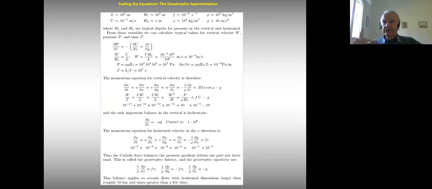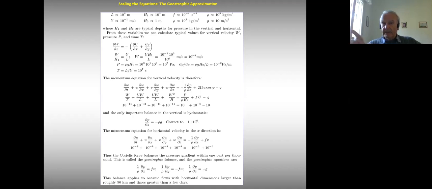We have two layers. One is 10 to the 3, the other one is 10 to the 1. We have the gravity acceleration, which is 10 meters per second squared. So these are the typical values with which we go into the equations and find out the order of magnitude of different terms of the equations.